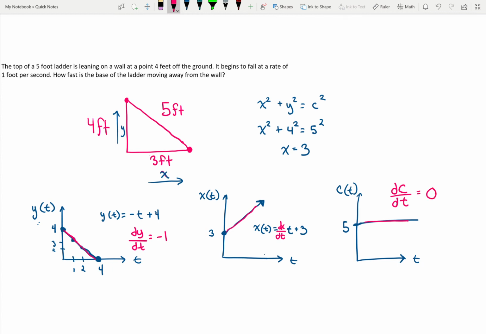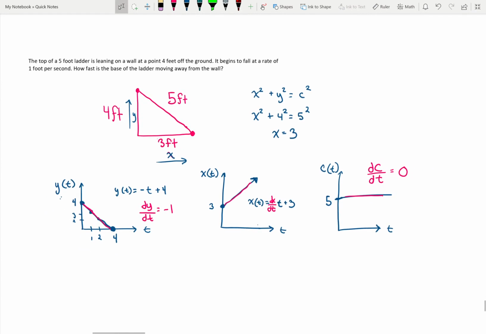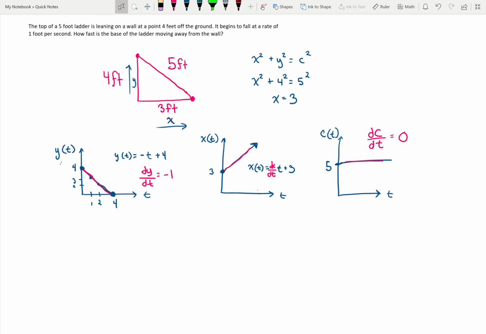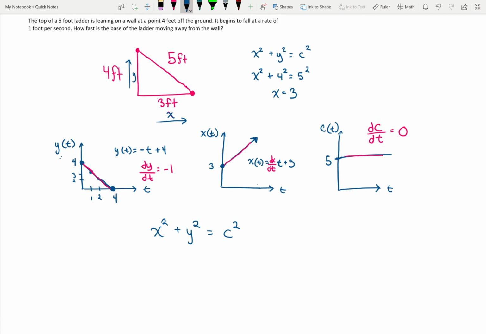And I think we have enough information where we can start attacking this problem right now. So we have 3 different functions that are all functions of time, and they're all related by this equation right here: x squared plus y squared equals c squared. But of course, this is just like an abbreviated name.